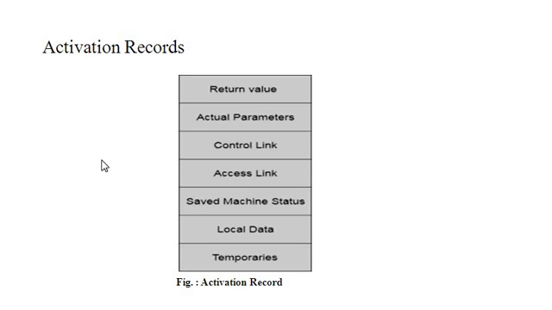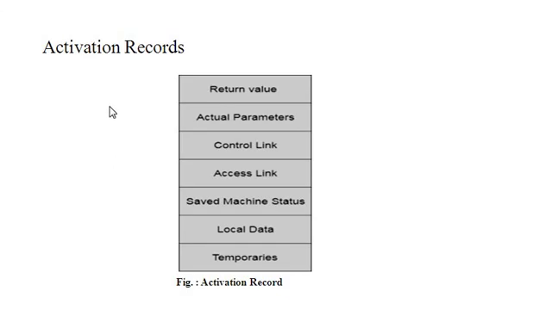The temporary variables needed during the evaluation of expressions are stored in the temporary field of the activation record.